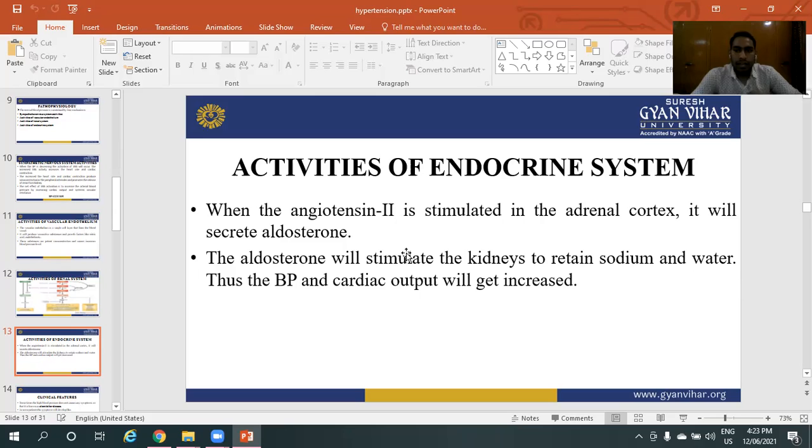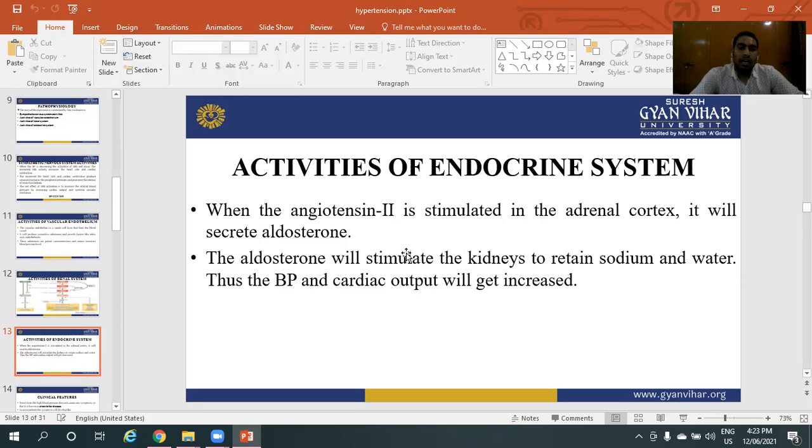Activities of the endocrine system. When angiotensin II stimulates the adrenal cortex, it secretes aldosterone.